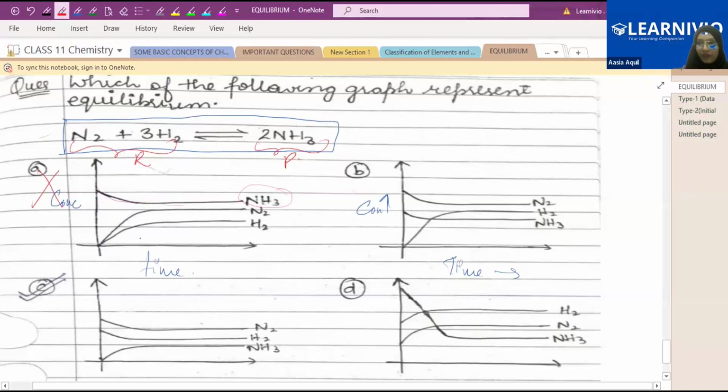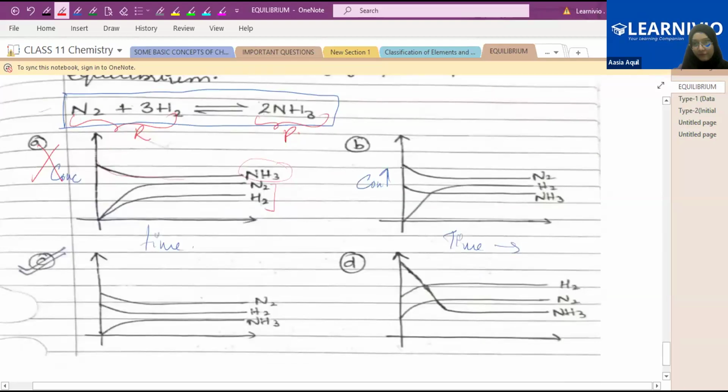Yes, ma'am. And for N2 and H2, because they are reactants, the concentration will decrease. For the product, it will increase, and for the reactant, it will decrease. So here it's just opposite. The N2 and H2 concentration is increasing and for the product, ammonia, it is decreasing, which is wrong, right?